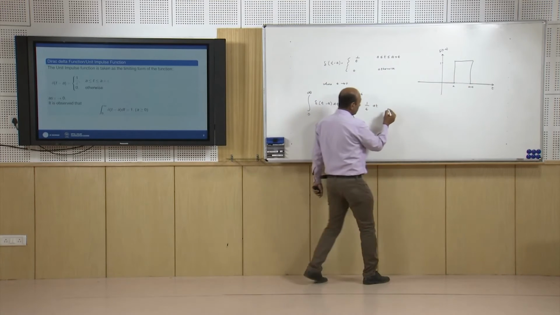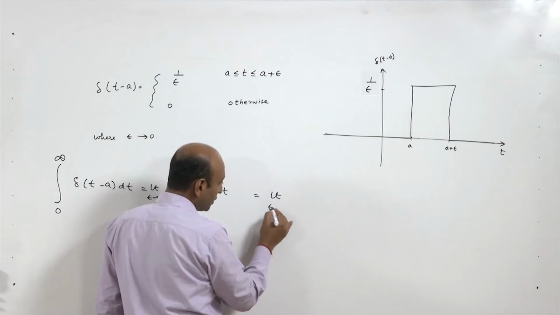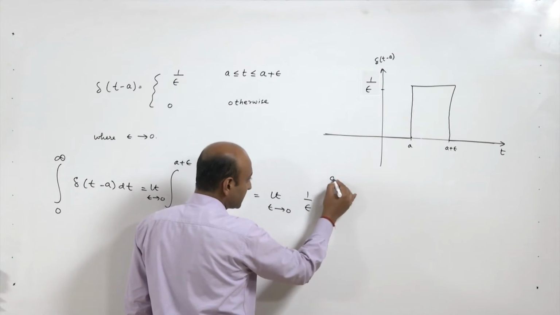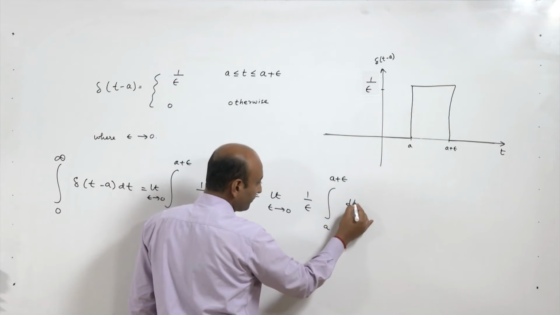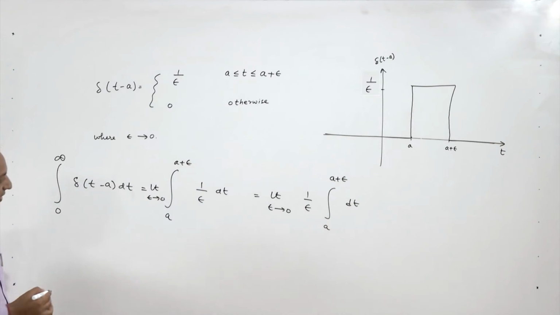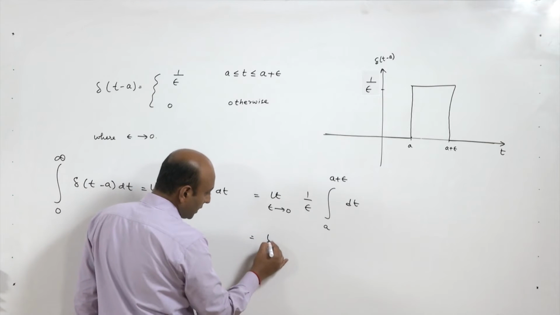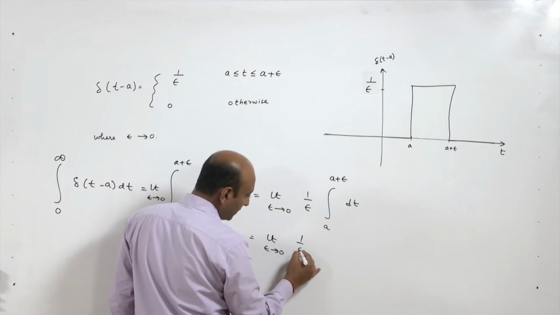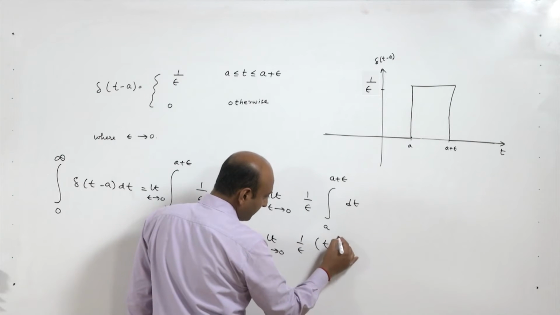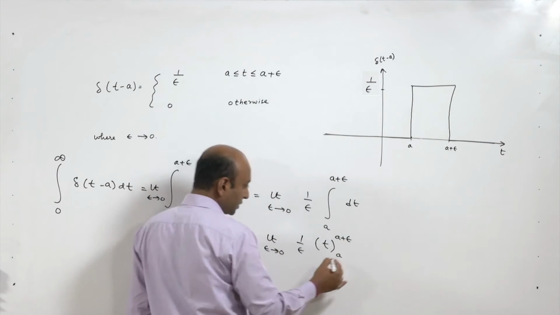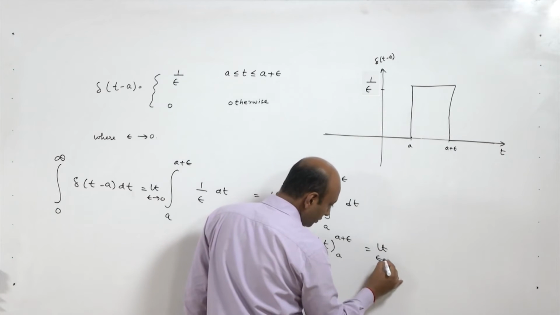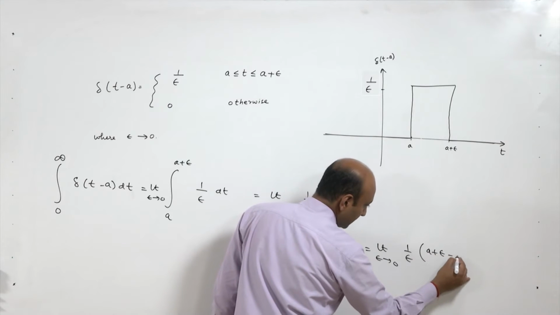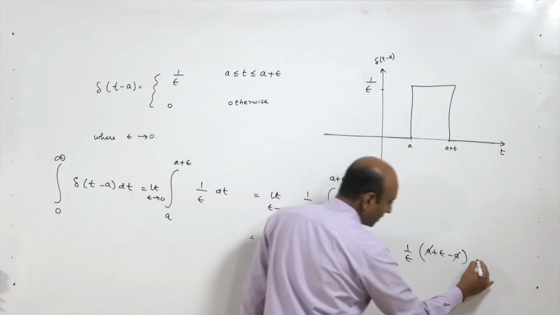So, this is nothing but the limit as epsilon tends to 0 of 1 by epsilon times the integral from a to a plus epsilon of dt, which equals the limit as epsilon tends to 0 of 1 by epsilon times t from a to a plus epsilon, which equals the limit of 1 by epsilon times a plus epsilon minus a, which is nothing but 1.